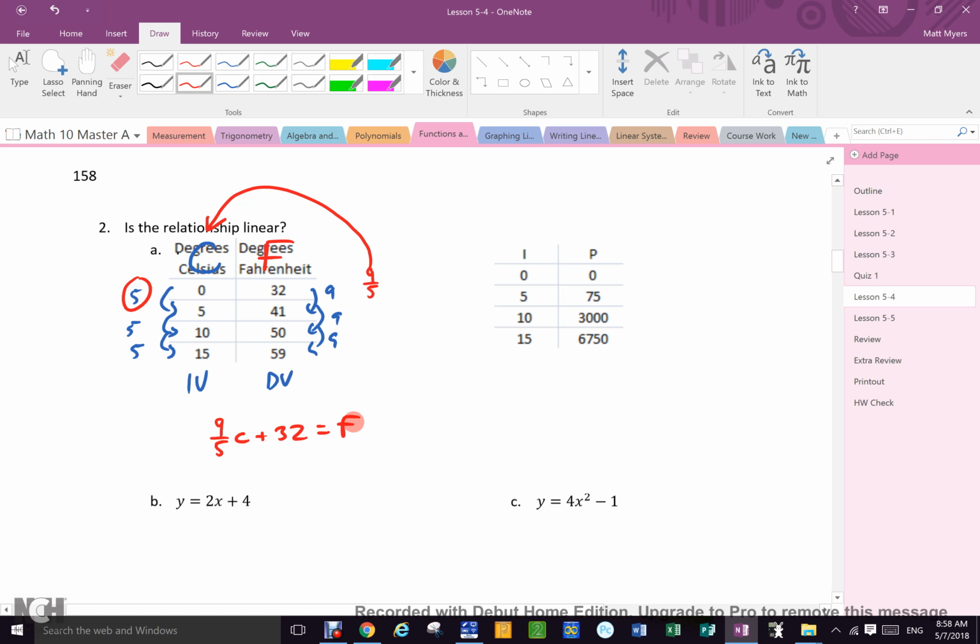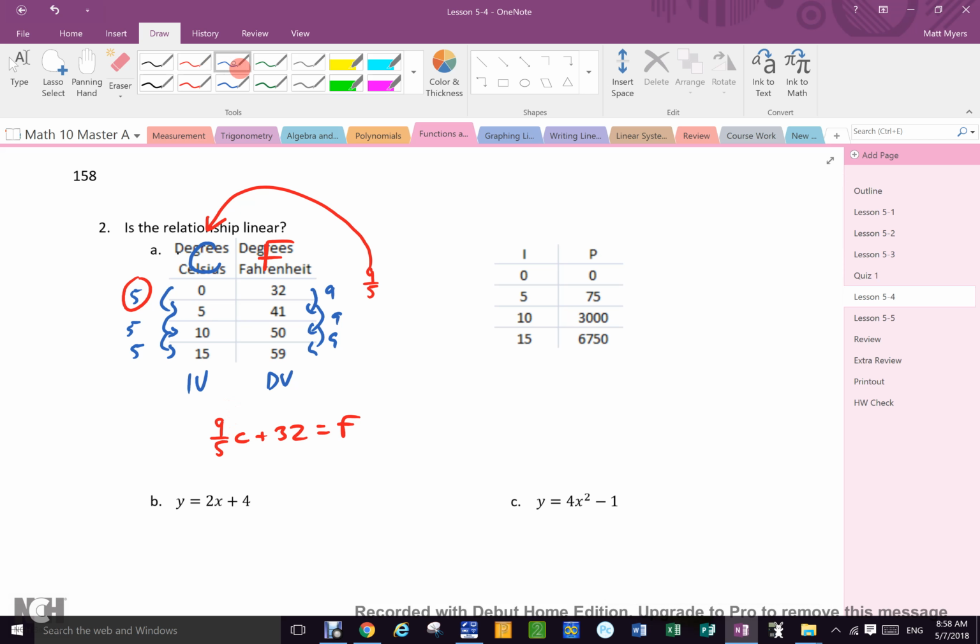Let's check. What's my Celsius right now? 0. What's 9/5 times 0? 0 is 0 plus 32, 32. We're happy, right? Okay. Let's check this one. Now my C is what? 5. So 5 would go here, correct?